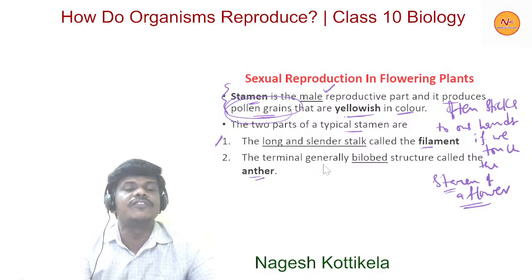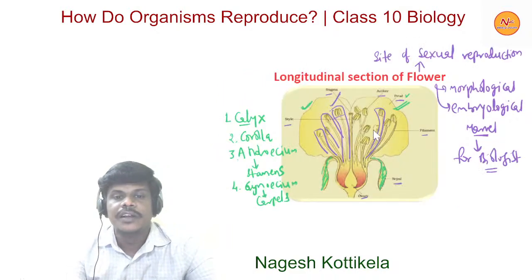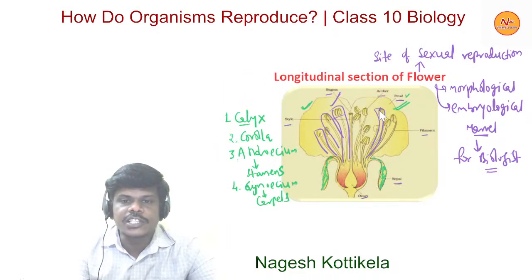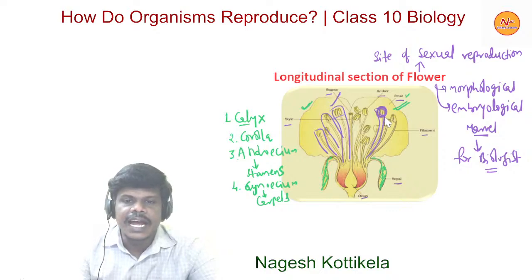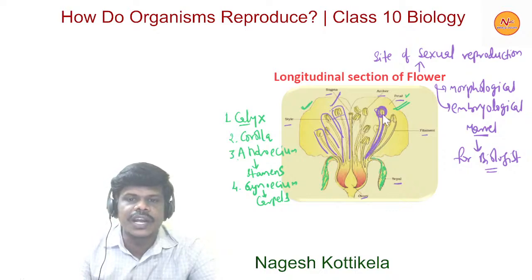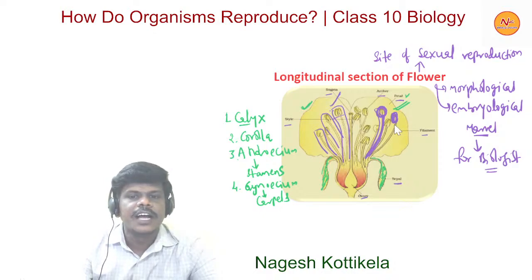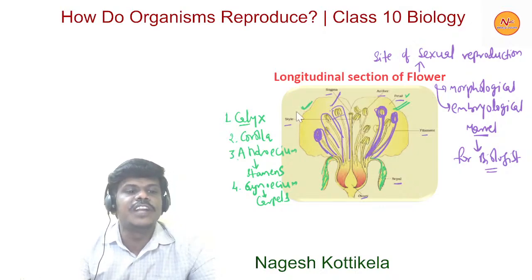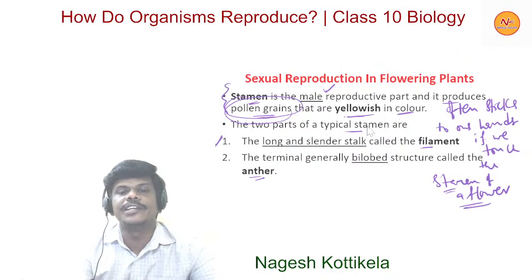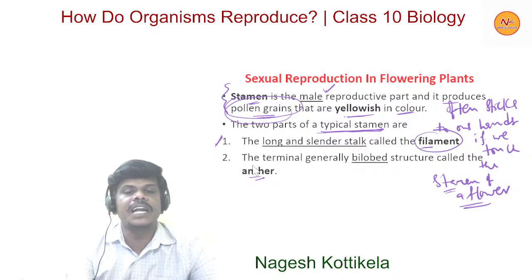In this picture, this part is the anther and this part is the filament. Anther and filament together form the stamen. So a typical stamen has two parts, the filament and the anther.